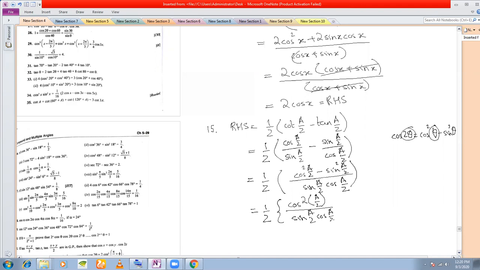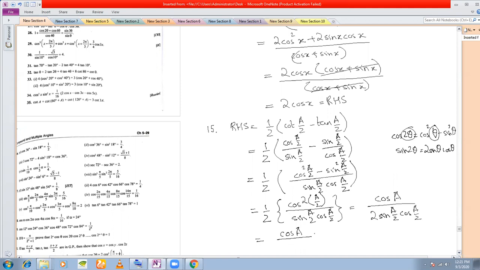Okay. Which you can now write as cos A divided by 2 sin A by 2 cos A by 2. Now what is 2 sin A by 2 cos A by 2? Multiple angle formula, sin 2 theta is equal to 2 sin theta cos theta.